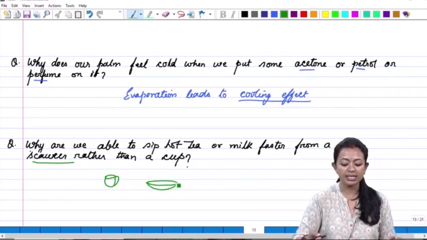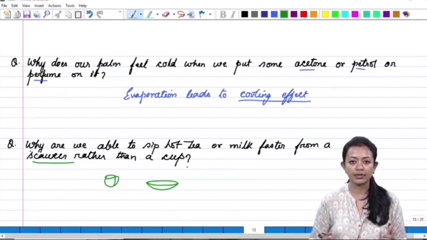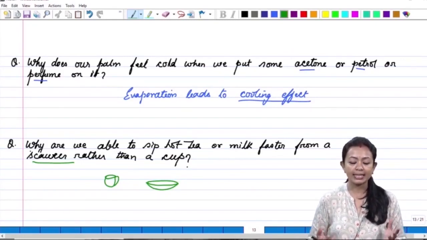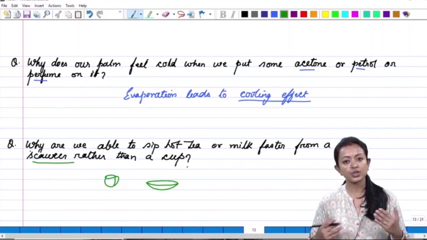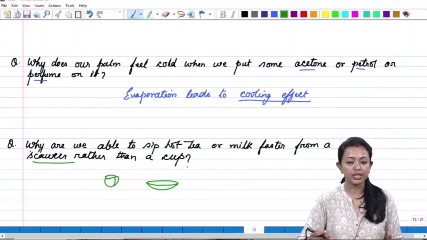So when you place hot tea or milk on a saucer, the surface area has increased. And as the surface area has increased, more particles are exposed to the surrounding. Thus, more particles can absorb the energy from the surrounding and get converted from the liquid state to the gaseous state. So that's why the rate of evaporation is faster, and we know evaporation leads to cooling.